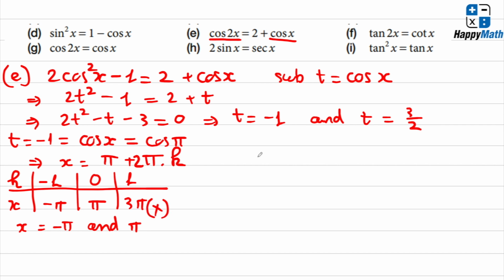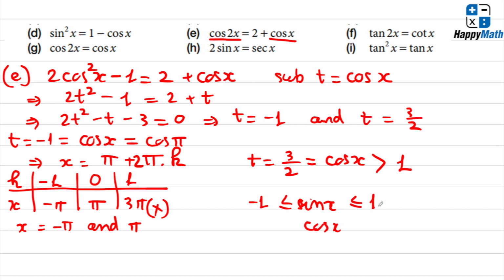But back to the second equation, you get 3 over 2 equal to cos h. You have a problem with this equation because this value of cos h is greater than 1. One of the fundamental pieces of knowledge about trigonometric functions is that you have to remember both sine h and cos h only have values in the interval between minus 1 and 1.